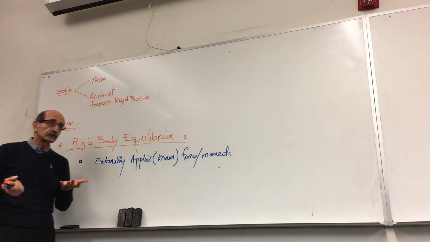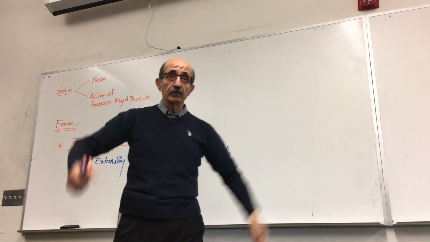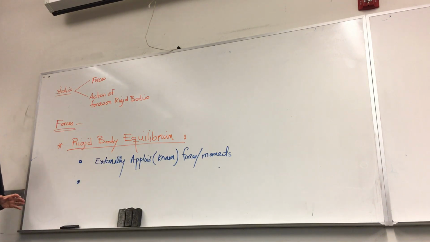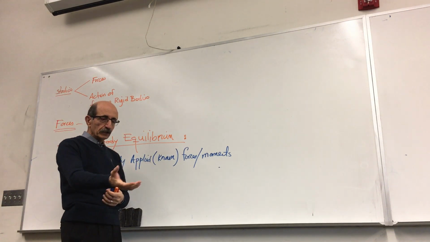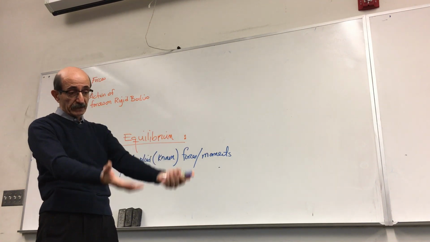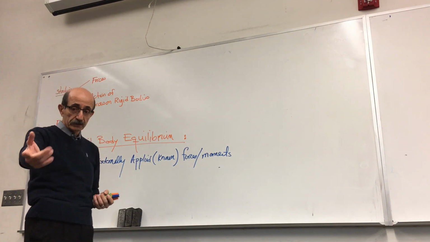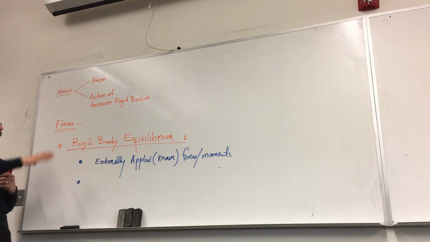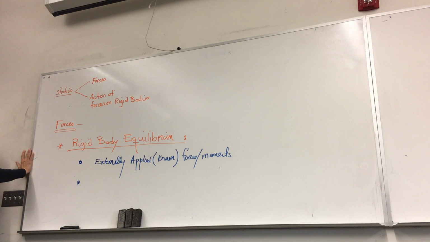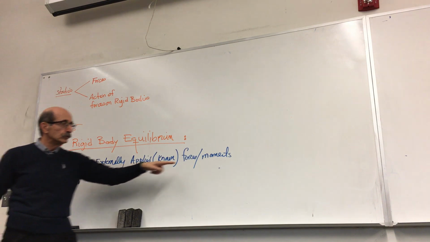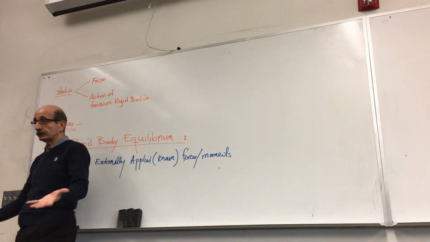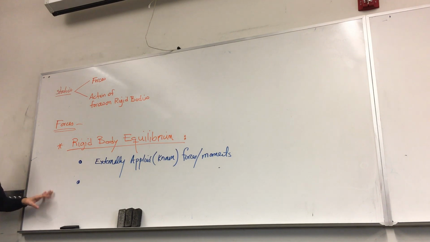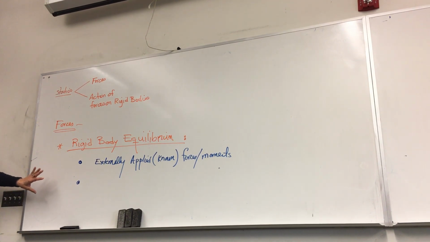Or another object, or to some environment, okay? That's fixed or support. For instance, this table is supported by those legs, right? Those legs are sitting on the floor. The chair you're sitting on is supported by those legs that are sitting on the floor. This table is supported by these bolts that are connecting it to this wall. So any rigid body, besides being subjected to some externally applied loads that we know, is also supported somehow to the rest of the environment.